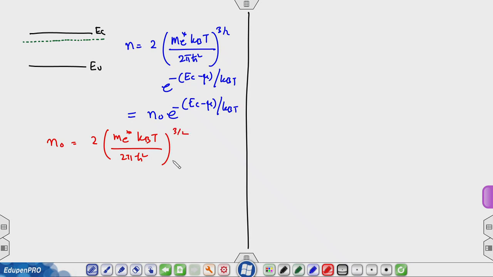And this number is the same as the number of electrons that have come from the donor level.